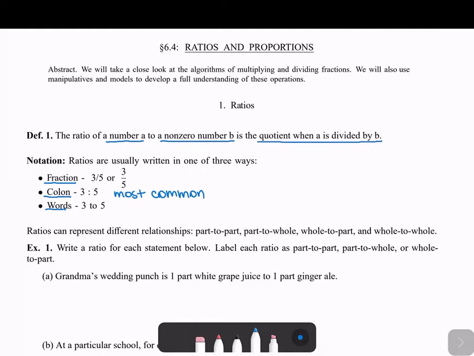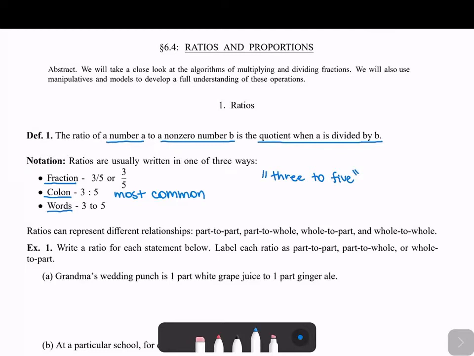It's 3/5, 3 to 5. Whenever you say a ratio, you say it in words like that. So if we were to say this ratio out loud, it is 3 to 5.